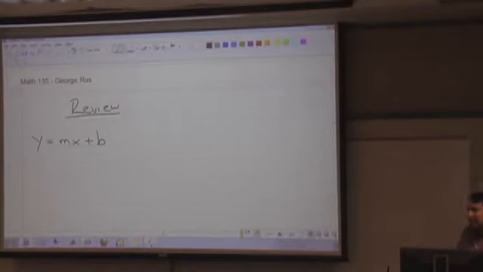Yes. In which you all like to call this the slope-intercept form, right? So what is the slope? What is the intercept? Wonderful. Okay, so linear equations are what? Equations in which what has to happen?